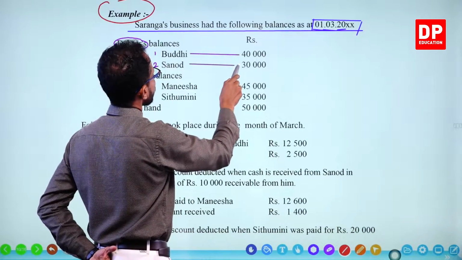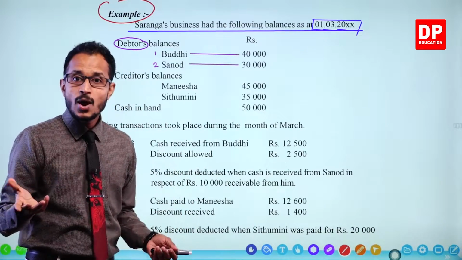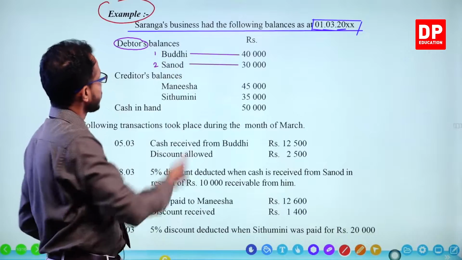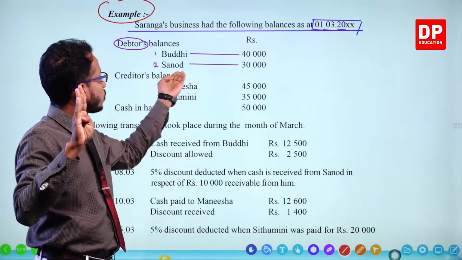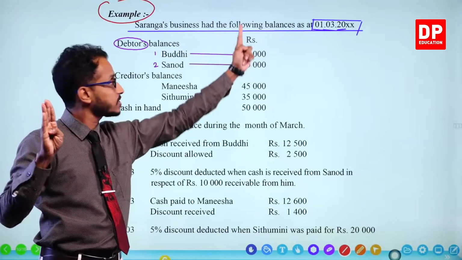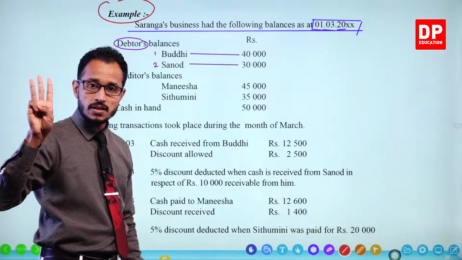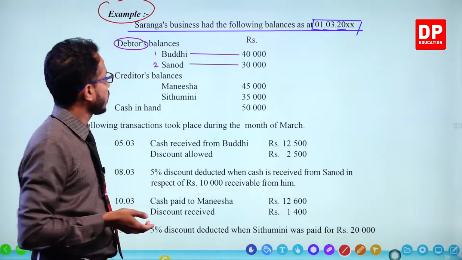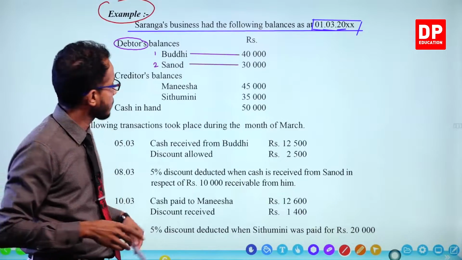Sanod has a balance of 30,000. Which means Buddhi owes this business 40,000 and Sanod owes this business, Saharanga's business, 30,000. They have 40,000 and 30,000 to be paid.